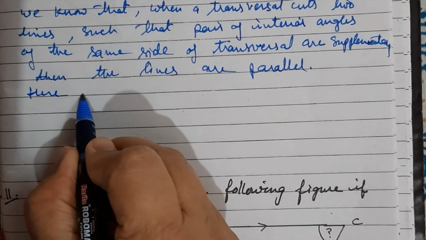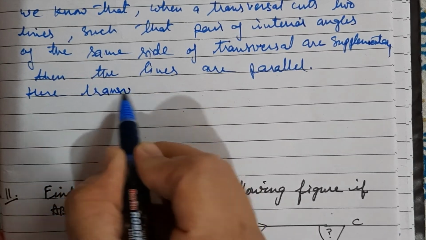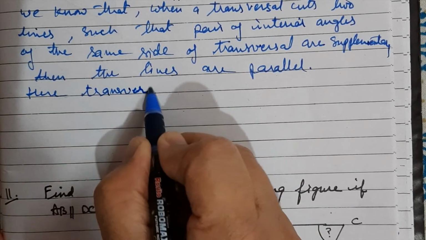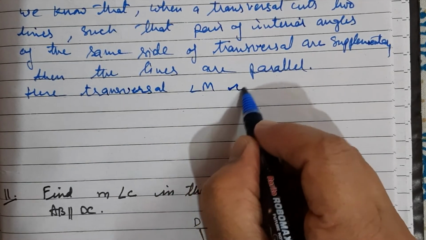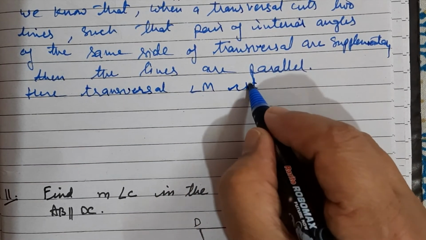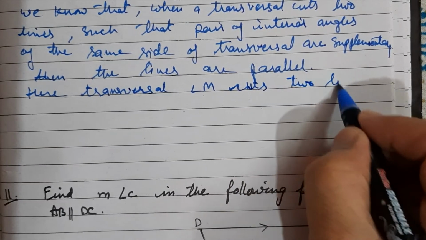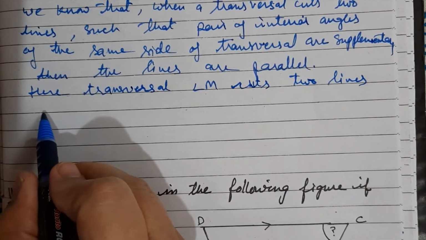So here transversal LM cuts two lines. Which two lines?